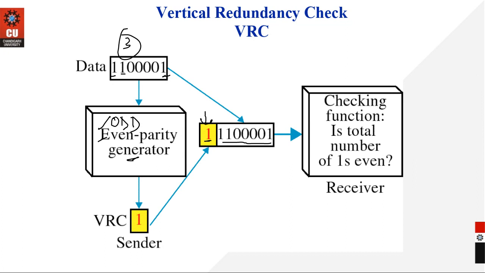Now what if instead of using even parity I use odd parity and same data set? Then what will be the VRC here in that case? इसमें VRC क्या होगा? 0 होगा कि 1 होगा? अगर सेम ये वाला डेटा है बट आई एम यूजिंग OPG, देन 0.